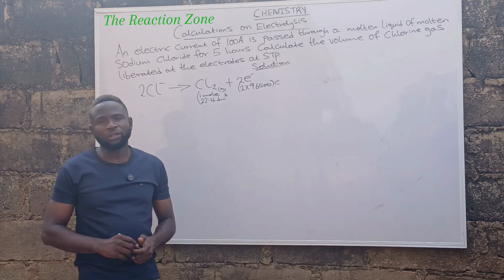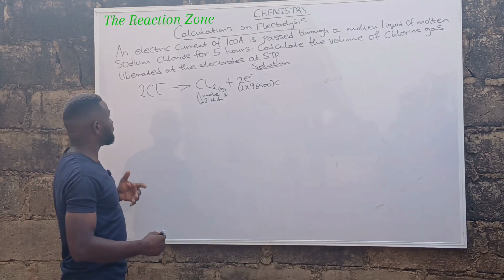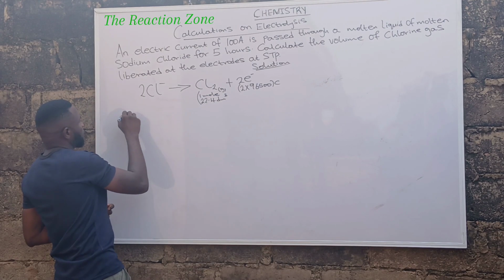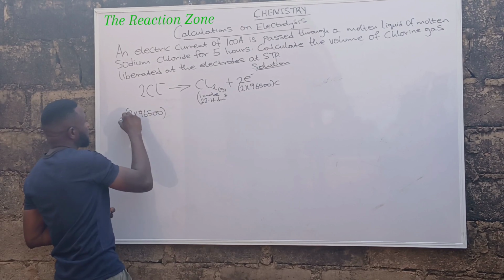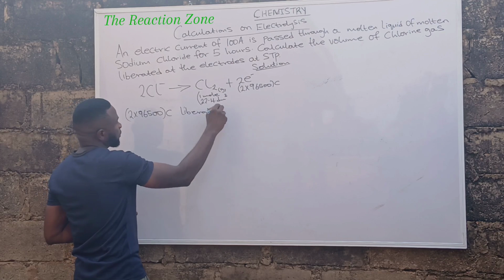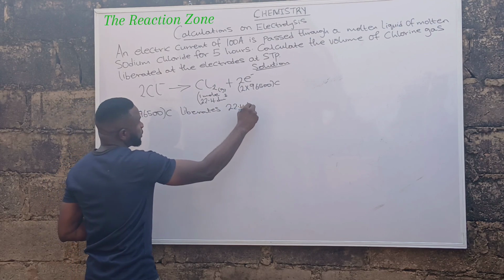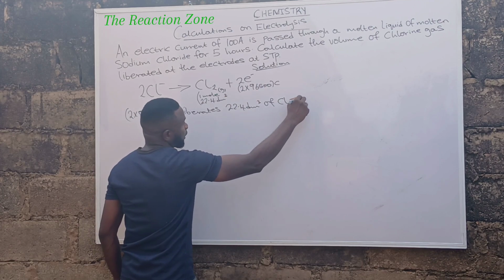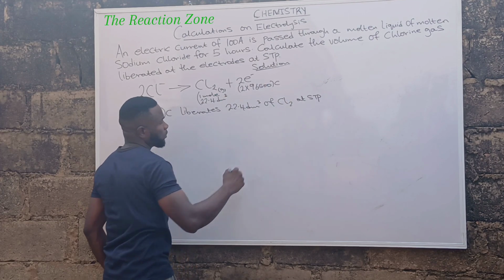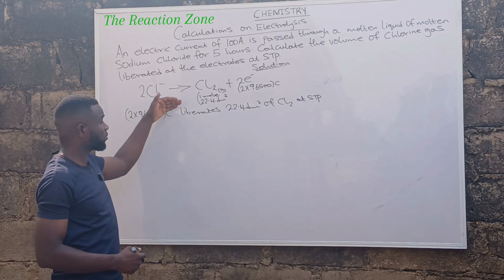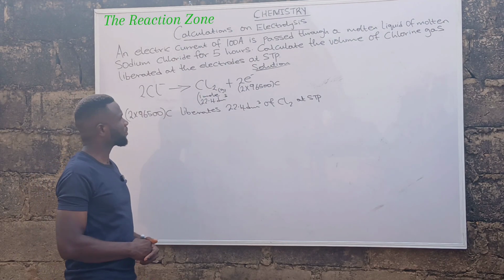So, what this means is that we can infer from this equation that 2 times 96,500 coulomb liberates 22.4 dm³ of chlorine gas at STP. That is the conclusion we can draw from the equation at the anode, which is on the board.